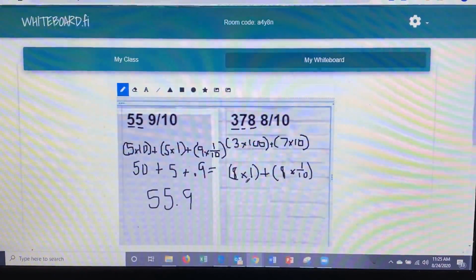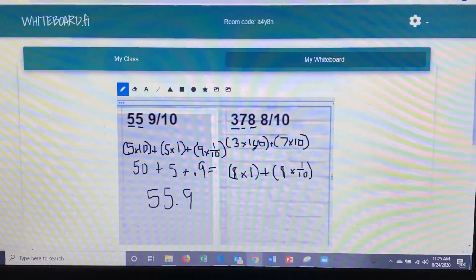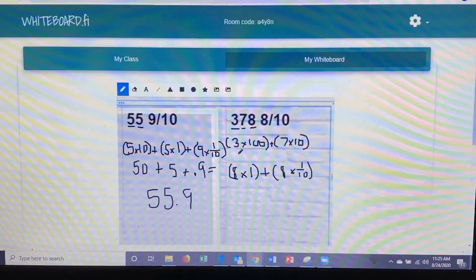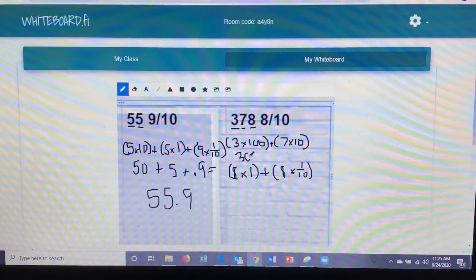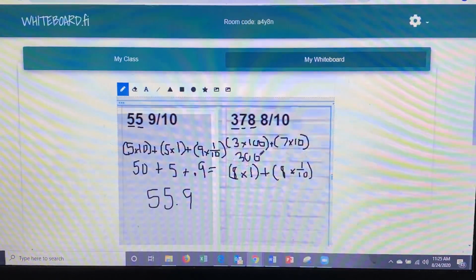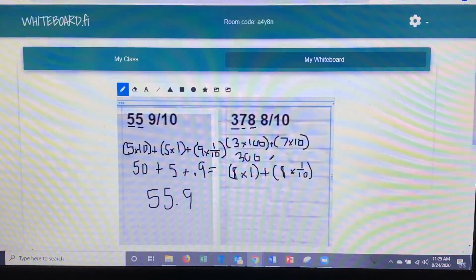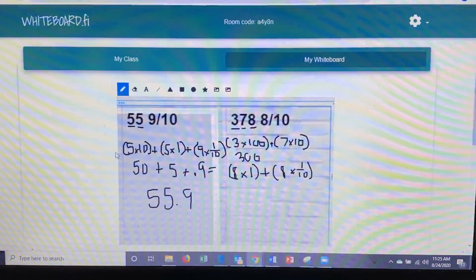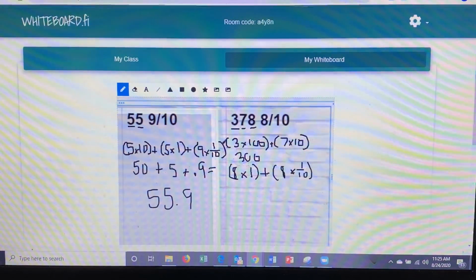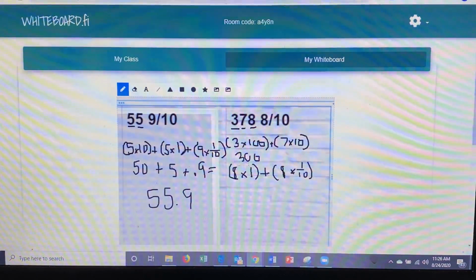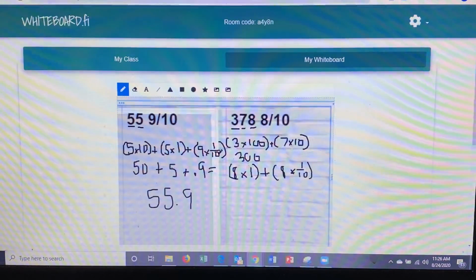All right, same thing here with 378 and 8/10. I now have to put it all together. 300. And ultimately, guys, let me just give you this heads up. The best practice is to write the expanded form right next to each other. One parentheses next to each other, next to the other, next to the other.